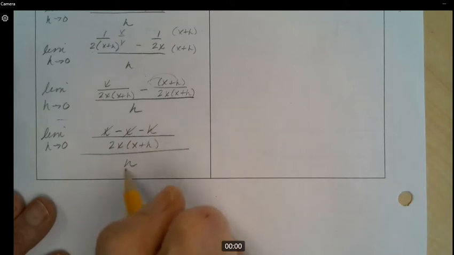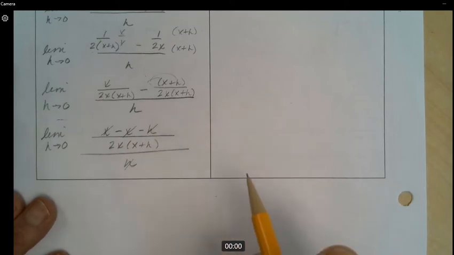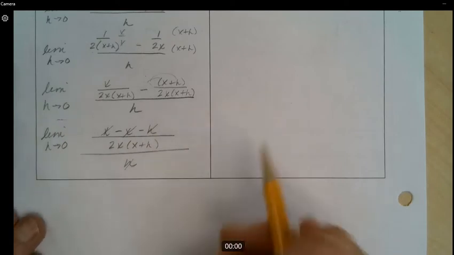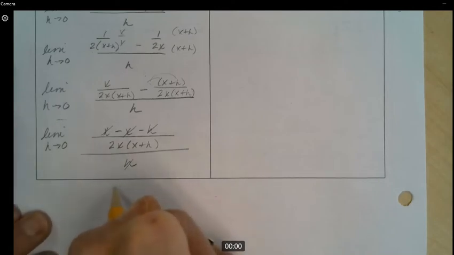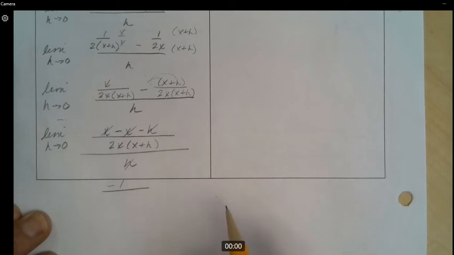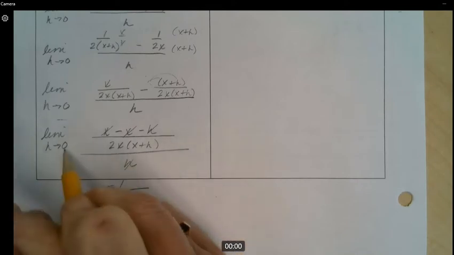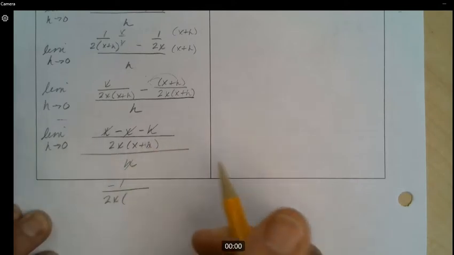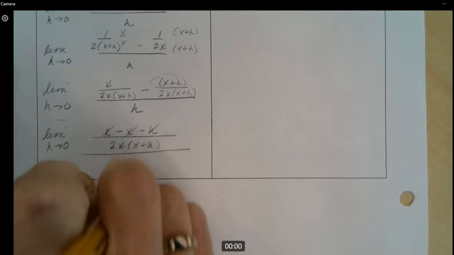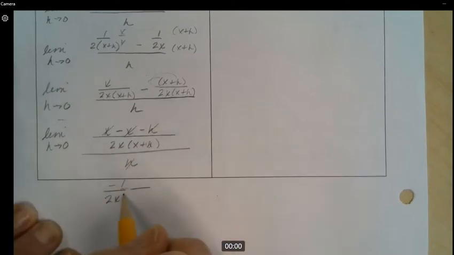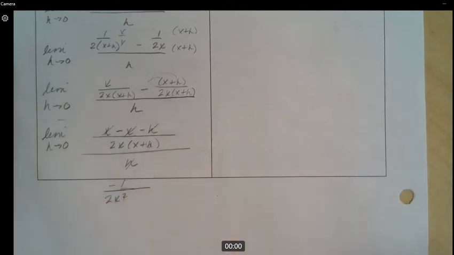These h's cancel out, which is why I end up with just -1 over 2x times, and then this h goes to 0, so it's just 2x times x, so -1 over 2x squared.